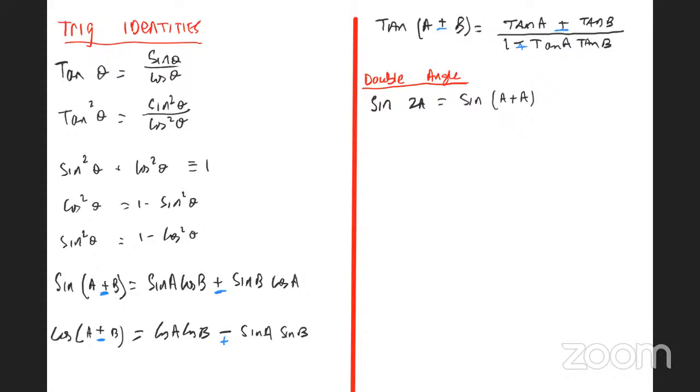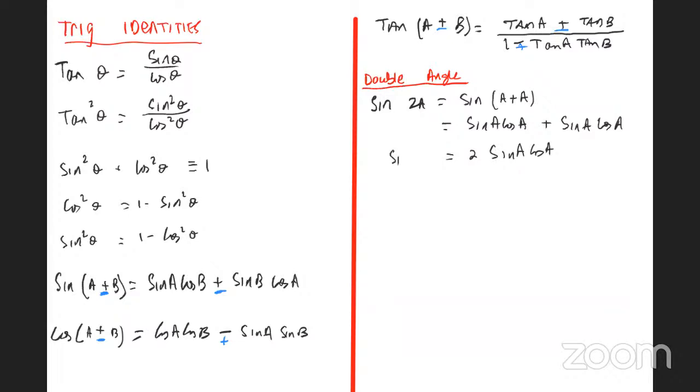If you go back to the first new rule I gave you for the day and replace the B with the A, you will get sine A cos A plus sine A cos A. When you add them, you'll get 2 sine A cos A.